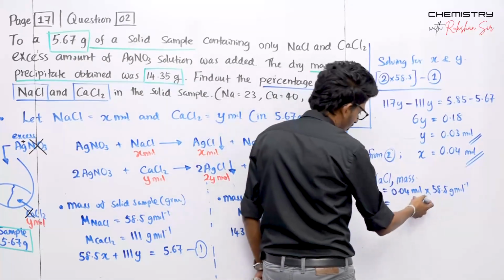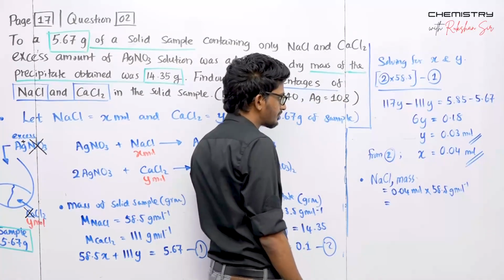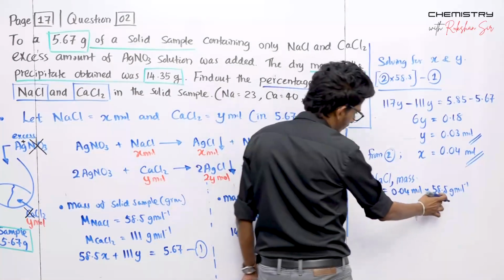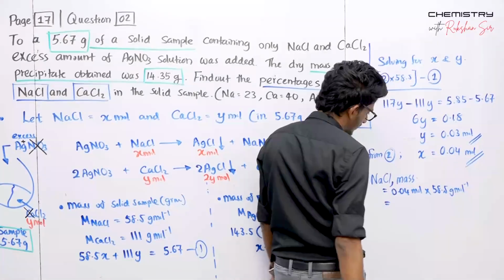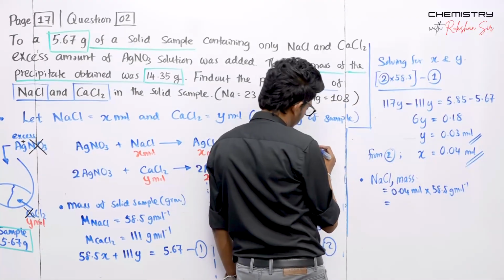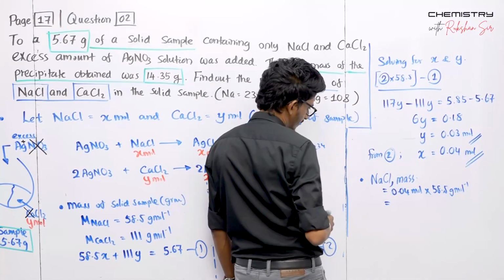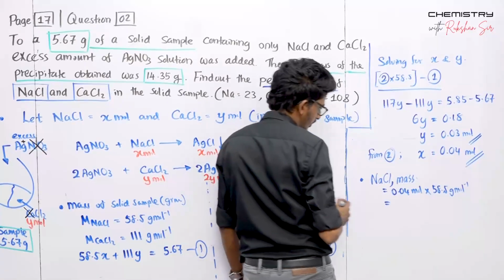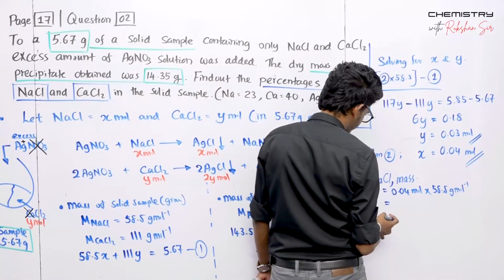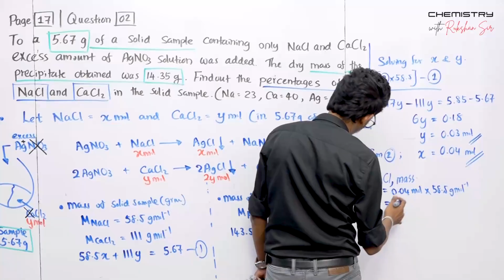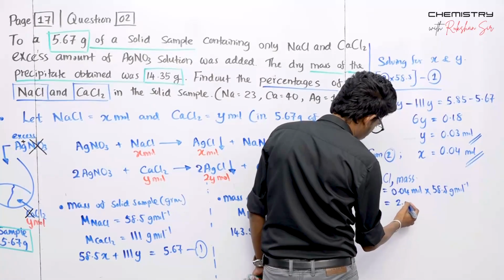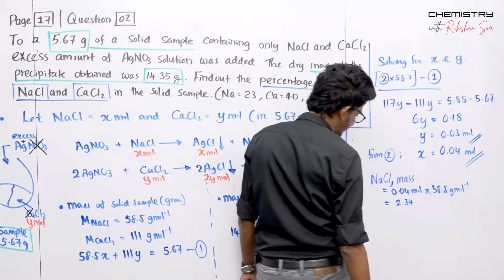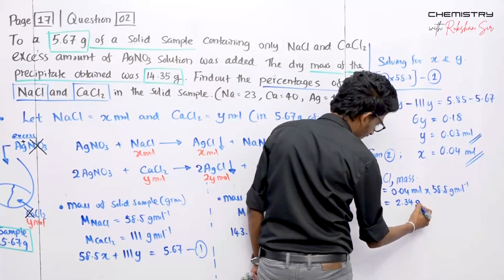So the mass there will be 58.5 into 0.04. So 2 of the 58.5 is 117, so 234. Need 2 decimals, no? 2.34 grams, right?